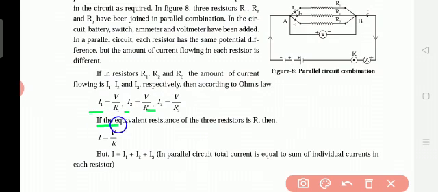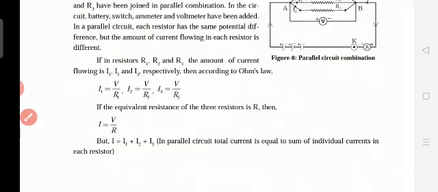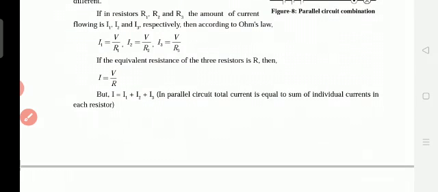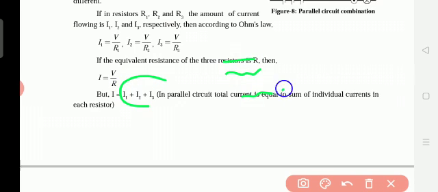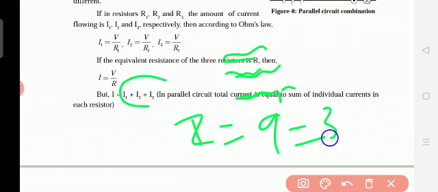If the equivalent resistance of the three resistors is R, then I is equal to V by R. But I is equal to I1 plus I2 plus I3, because in a parallel circuit the flow of current is different in each resistance. The total of the currents in the three resistors is equal to the equivalent current, like 9 is equal to 3 plus 3 plus 3.